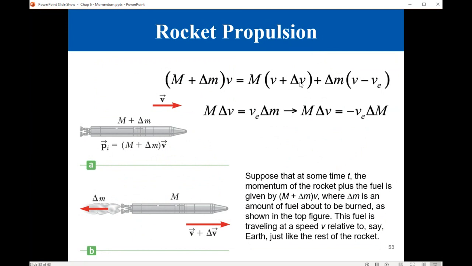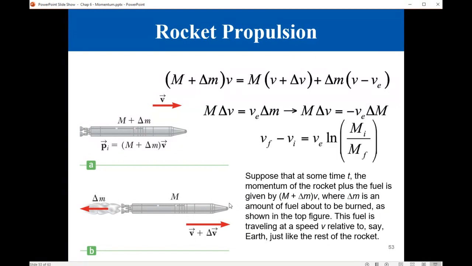To conserve momentum, m delta v for the rocket is equal to delta m for the ejected gas multiplied by the ejected gas velocity. They are in opposite directions, of course. The ejected gas goes to the left, for example, the rocket goes to the right, as simple as that.